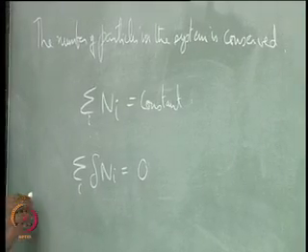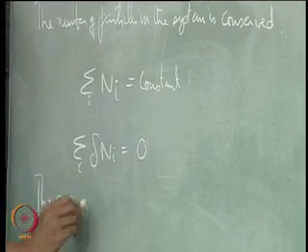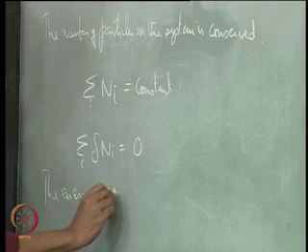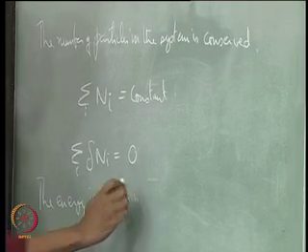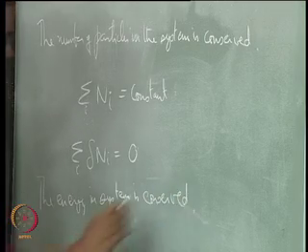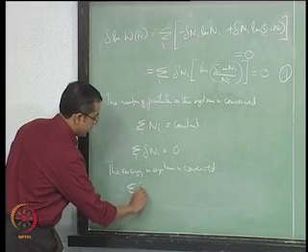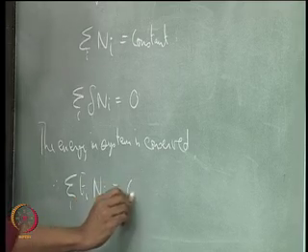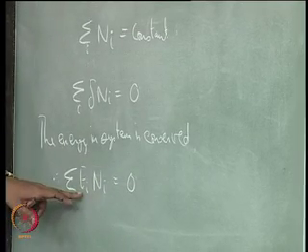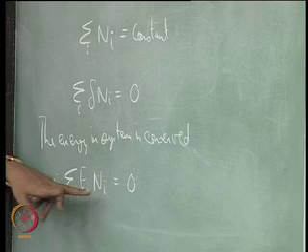Similarly, the energy in the system is conserved. Therefore, sigma over i Ei Ni equals a constant. The energy states are anyway fixed, so Ei is already a constant, you do not have a choice in it, only Ni can change.